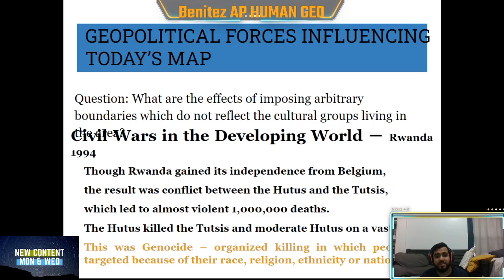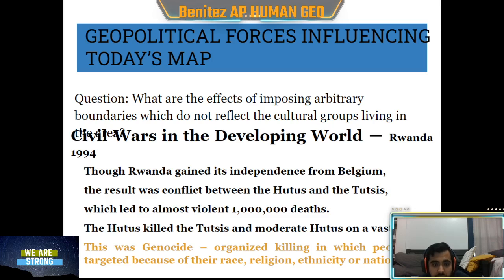The Hutus actually killed the Tutsis, and this was a genocide. If you guys remember, we watched a movie called Hotel Rwanda. And just to reiterate, a genocide is an organized killing of a people which are targeted because of their race, religion, ethnicity, or nationality.